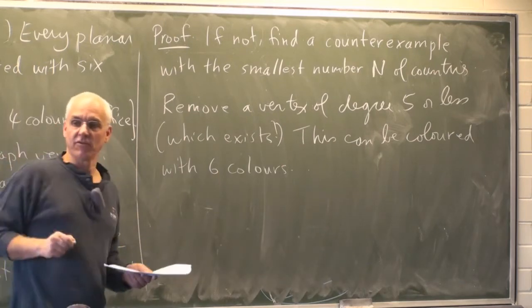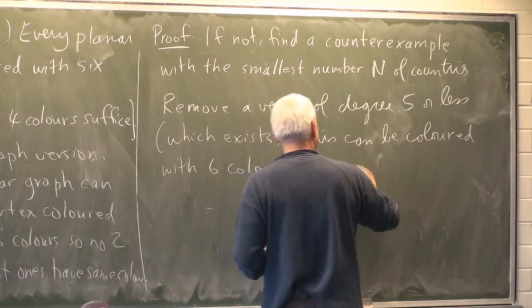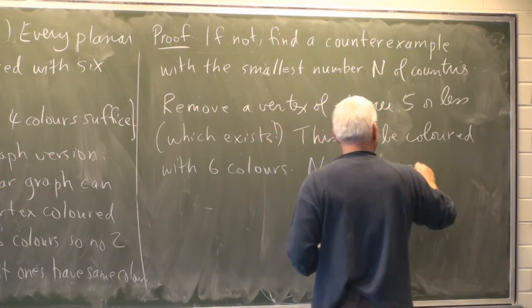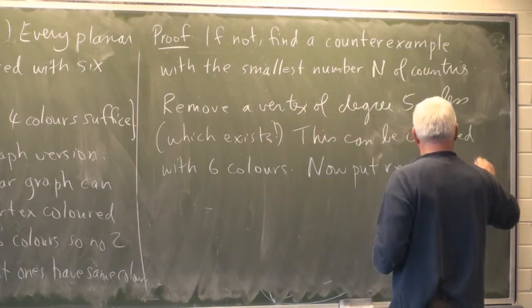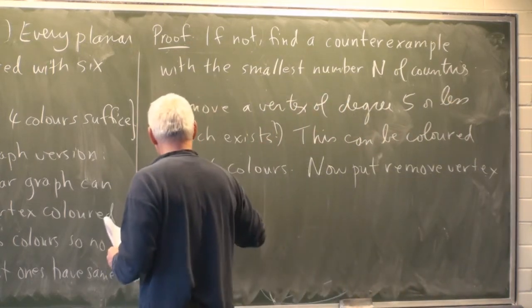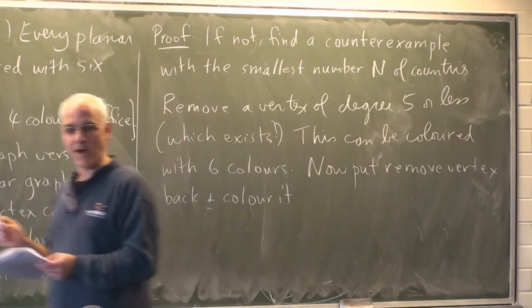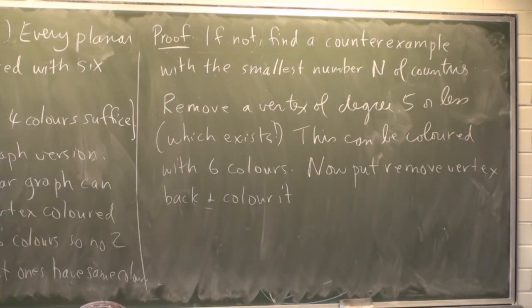And now we put the removed vertex back, and color it with what? Well, it's only connecting to at most 5 of the other countries.